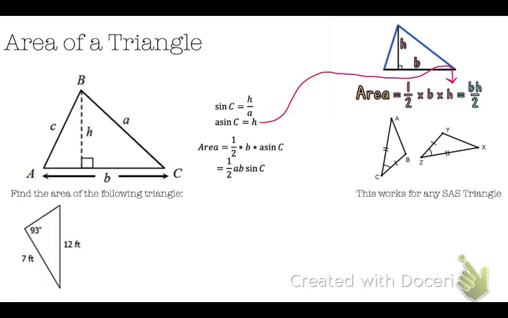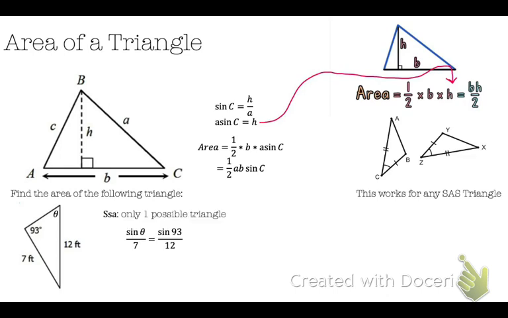Cool? This one. This is not a side-angle-side triangle, but we could solve it to be one. First, I would want to solve for that angle right there, which is a side-side-angle triangle. If you remember back to the law of sines, if that opposite side is big, that means there's just one possible triangle.